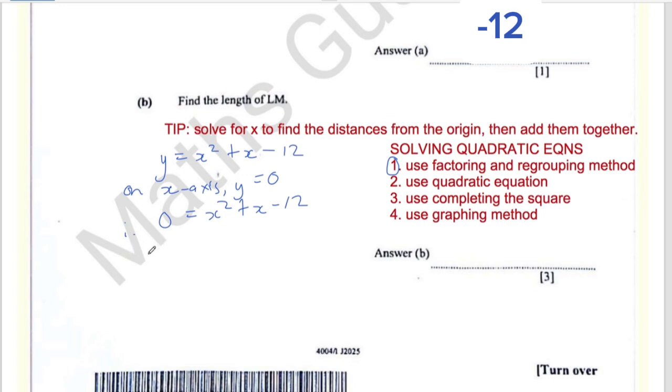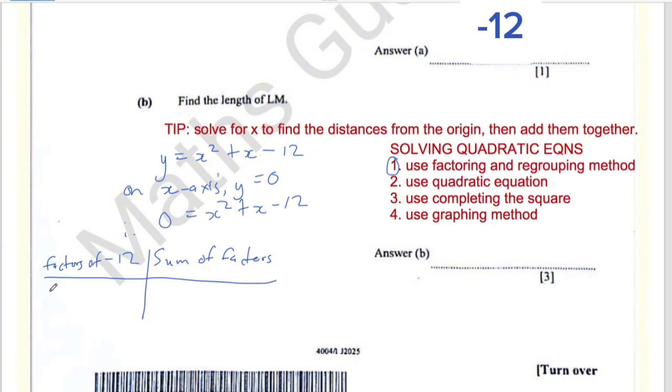We're going to find factors of minus 12 which add up to positive 1, the coefficient of x. Okay? So if you want the details of how to use this method, you can just check in the description. I've put my algebra playlist. You can check through the factoring or solving quadratic equations video.